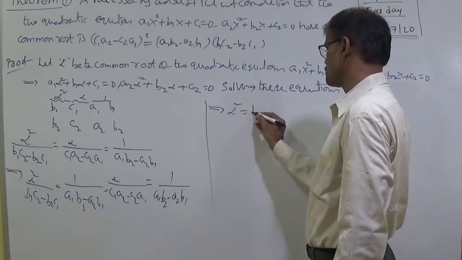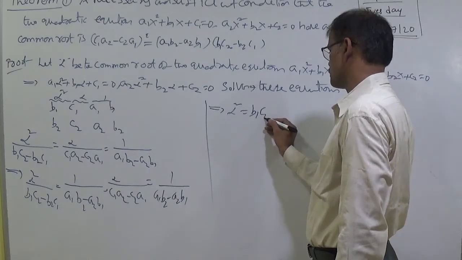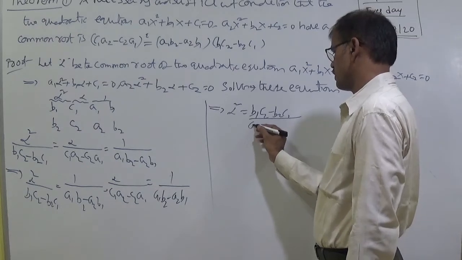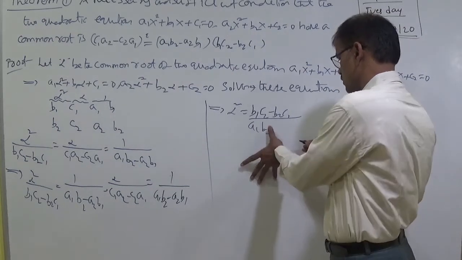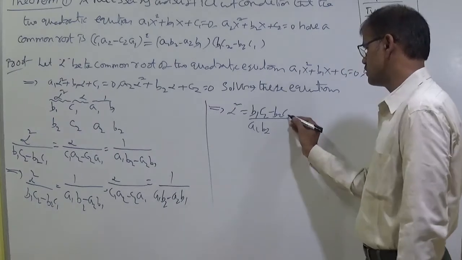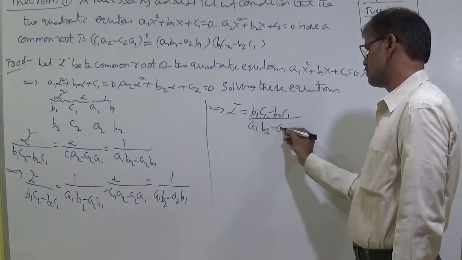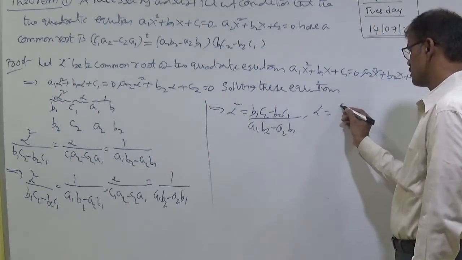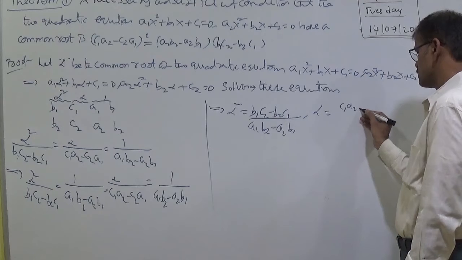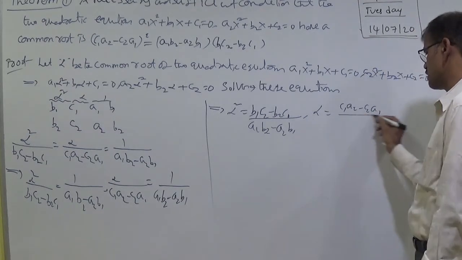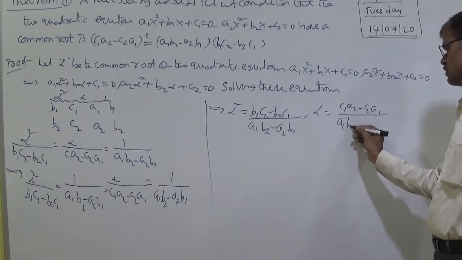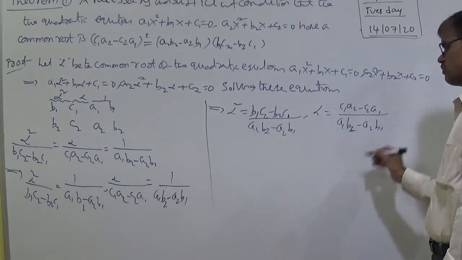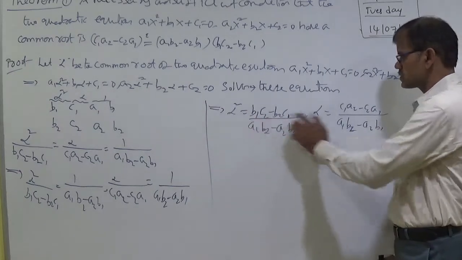By cross multiplication, alpha square is equal to b1c2 minus b2c1 by a1b2 minus a2b1, and alpha is equal to c1a2 minus c2a1 by a1b2 minus a2b1. Try to understand that this is alpha square and this is alpha.